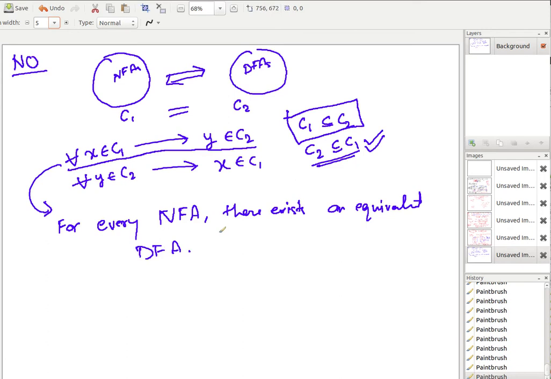If we prove this statement somehow, then this particular claim will hold, and then you can say both the classes are the same, and that they are of the same power in terms of recognizing languages. So all languages recognized by the DFAs and all languages recognized by NFAs.